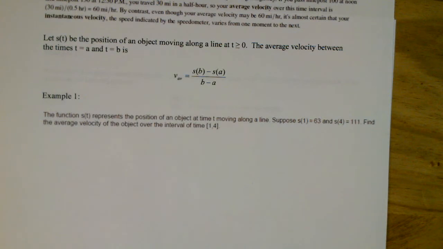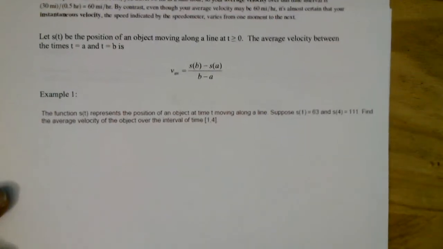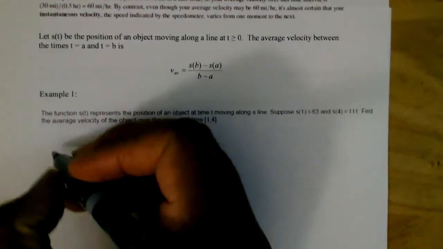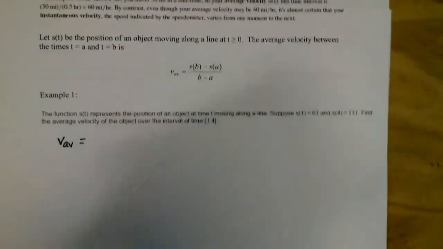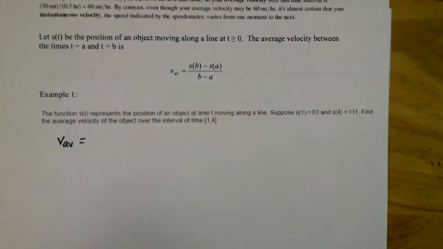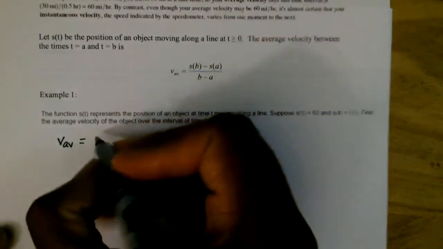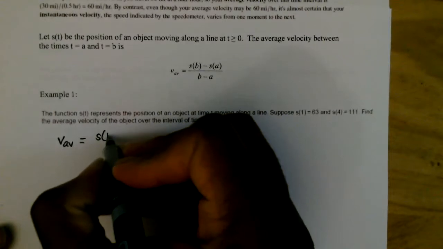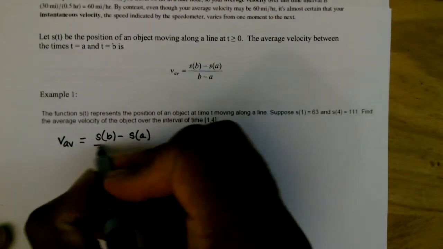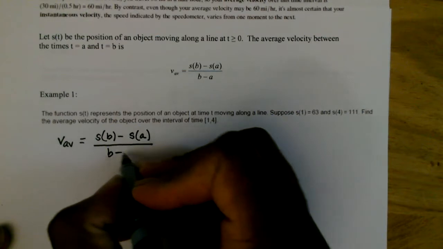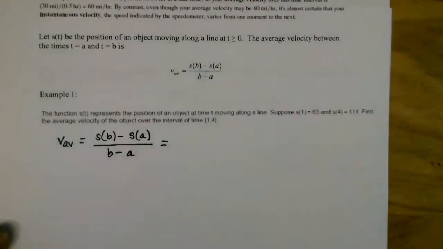Let's start by writing the formula for the average velocity. Here v_av, or the average velocity, is going to be s(b) minus s(a) divided by the difference of b and a.